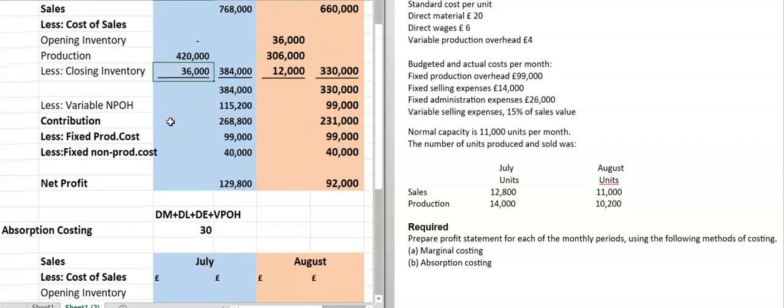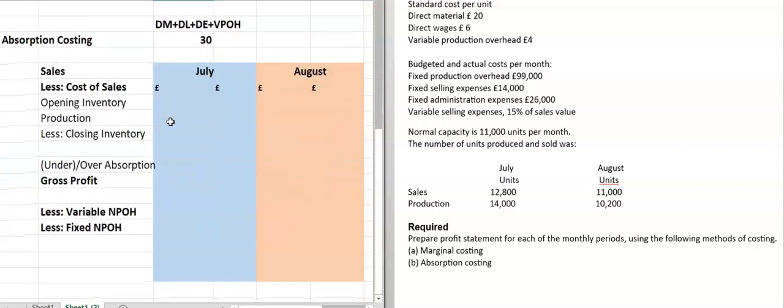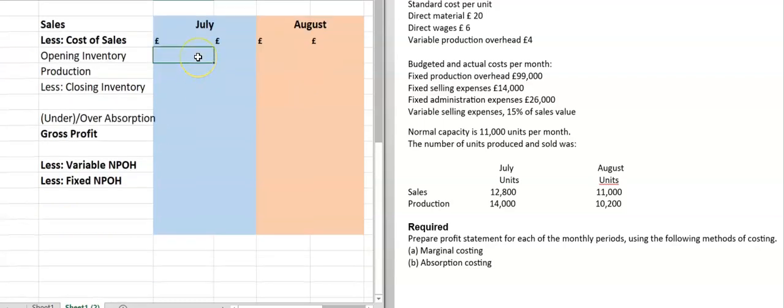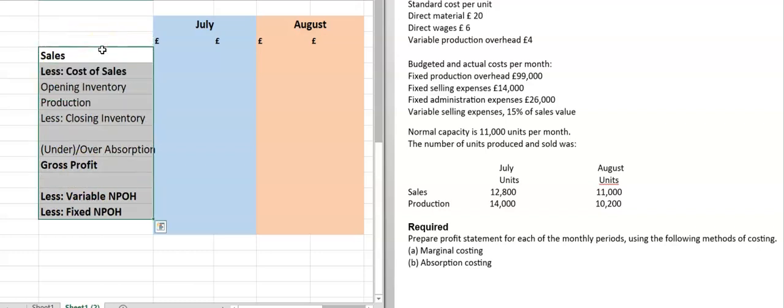Alright, after calculating this, let's go and calculate absorption costing profit. Right, you have to use the same method to calculate this absorption costing profit. Right, so the sales figure during the July month would be the same, right?